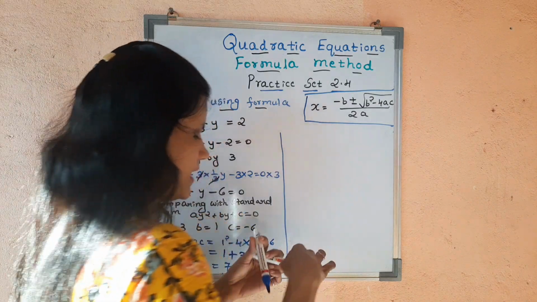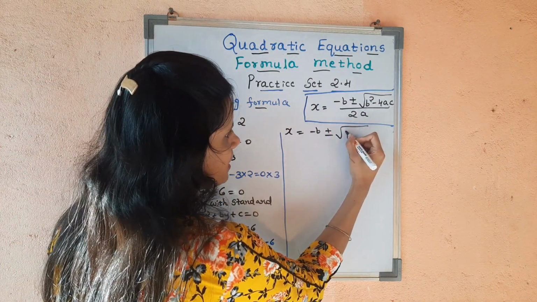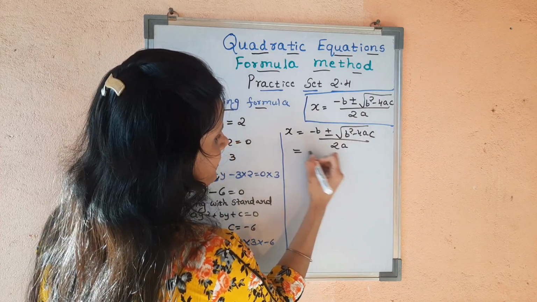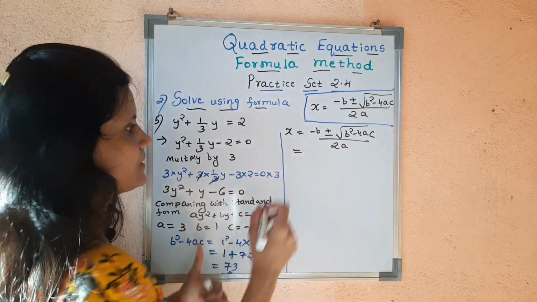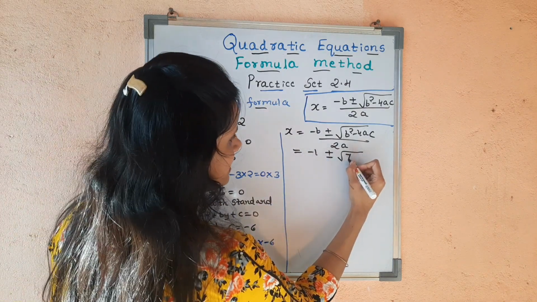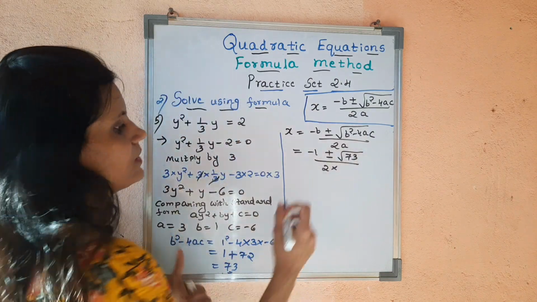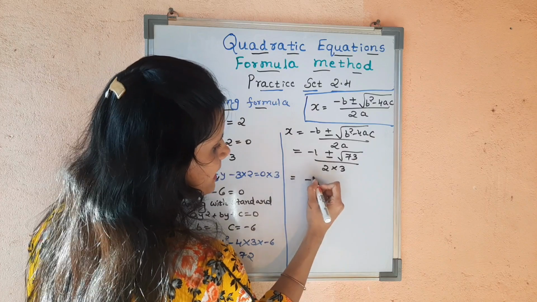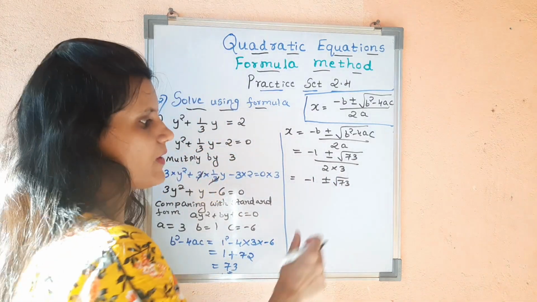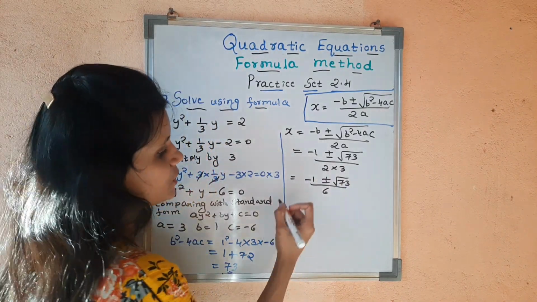Now we have to apply the formula. Formula has been already given, that is, again you will be writing minus b plus or minus square root of b square minus 4ac by 2a. Minus b, what is our b? b is 1. So minus 1 plus or minus square root of 73, and what is a? a has been given 3. As it is not a perfect square, it will be 73 only. 2 3s are 6. How can we write this one?